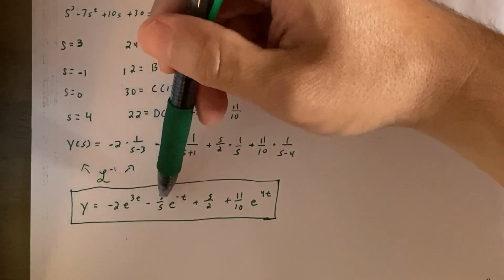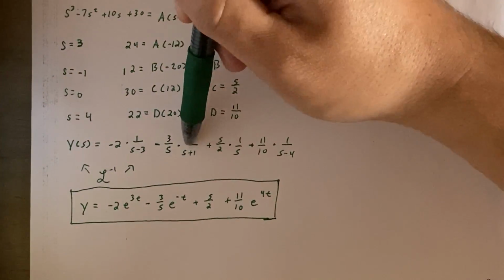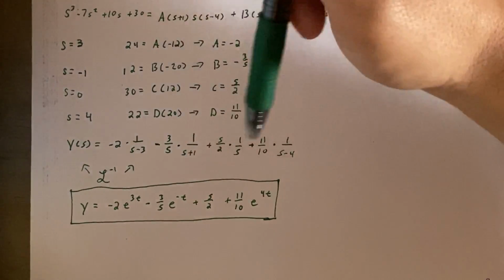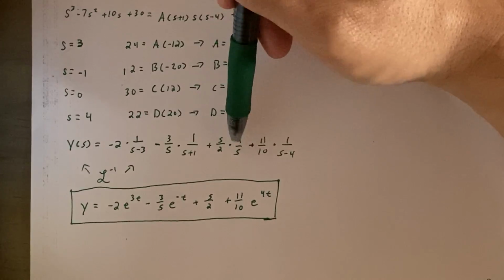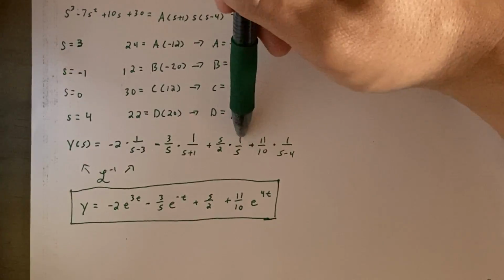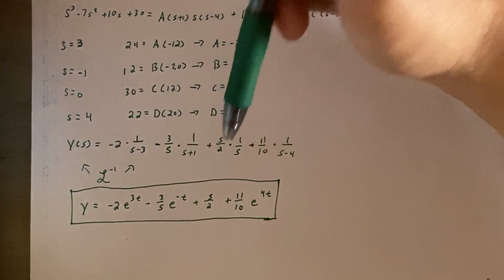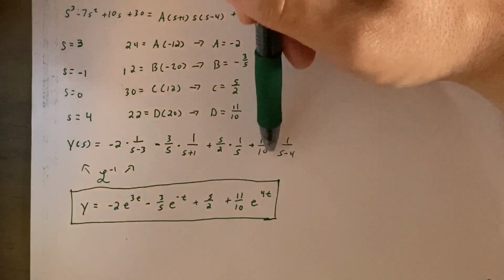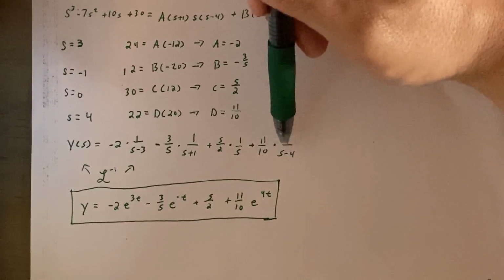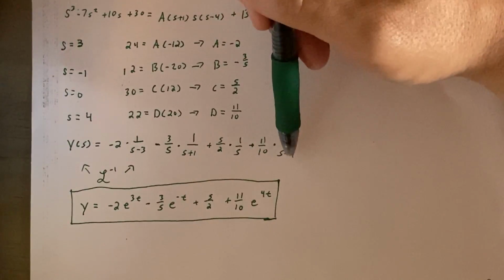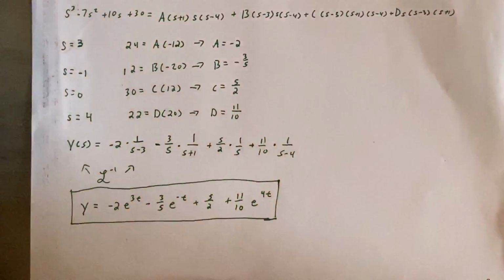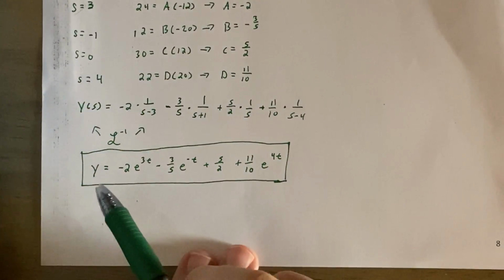Negative 3/5 times the inverse Laplace transform of 1 over s plus 1 is e to negative t. 5/2 times the inverse Laplace transform of 1 over s, which is just 1, so it's just 5/2. And then 11 over 10 times the inverse Laplace transform of 1 over s minus 4 is just e to the 4t. And so there is our solution to our differential equation.